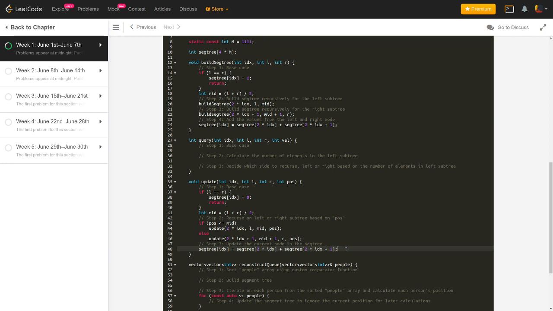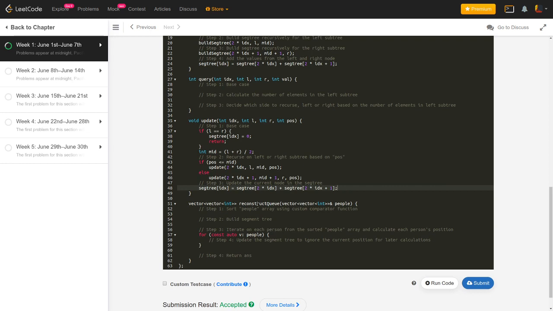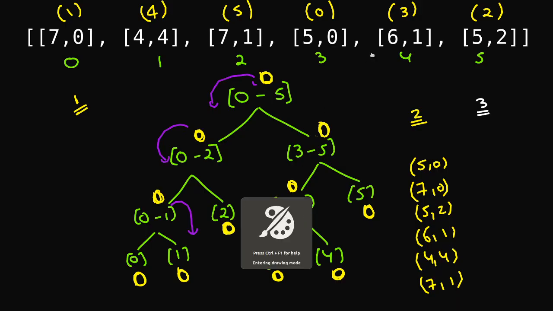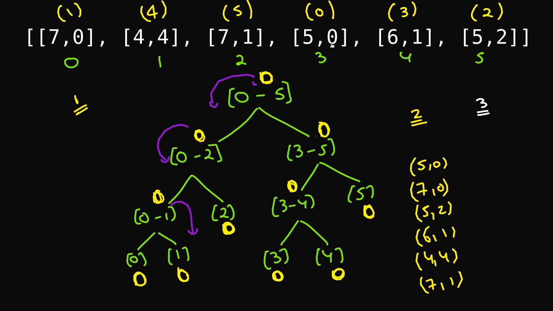Okay. Next, we'll be trying to write our reconstruct queue function. The first step is to actually sort this array that they have given, people dot begin, people dot end. But we need to do some custom sorting, because we saw the logic that this 5 comma 2 should actually be positioned before this 5 comma 0, because that's what we want.